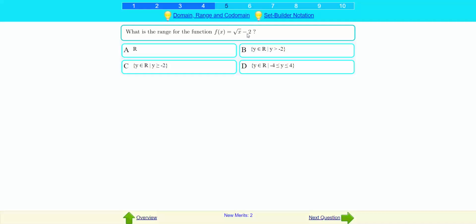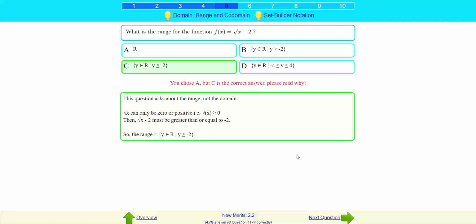That doesn't matter. But if it is the square root of, it could be any real number really. But what if the result is, yeah, it could be any real number. It's greater than minus 2. Y belongs to R.